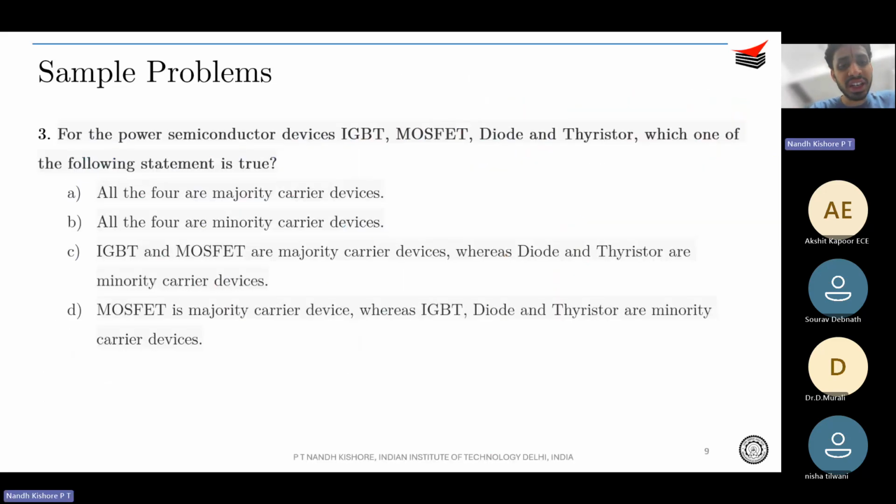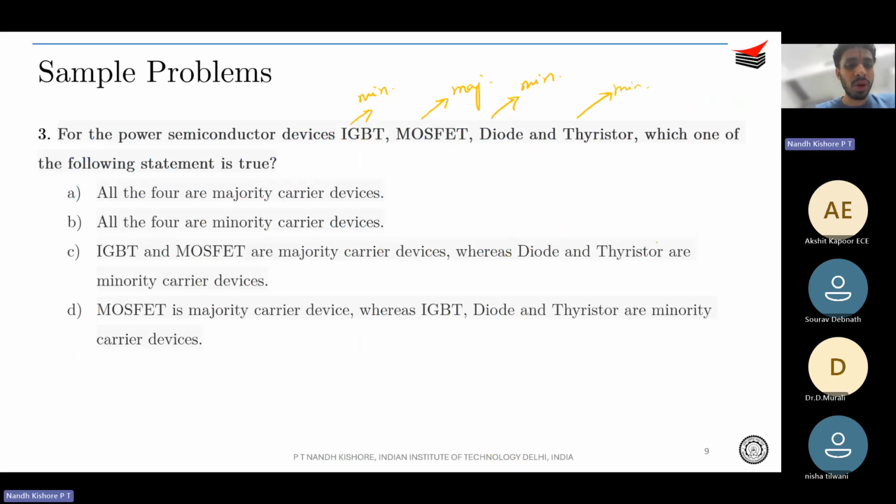For the power semiconductor devices, IGBT, MOSFET, diode, and thyristor, which of the following statements is true? All four are majority carrier devices? No. Why? Because IGBT is minority carrier device. MOSFET is majority carrier device. Diode is again a minority carrier device, and thyristor is of course a minority carrier device.